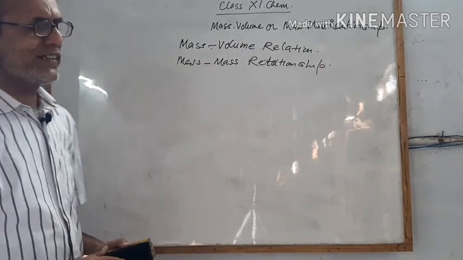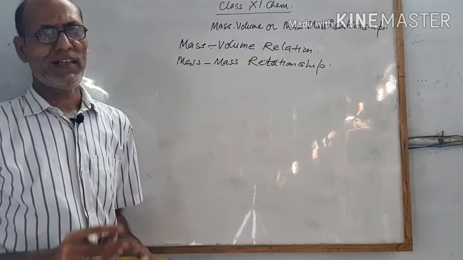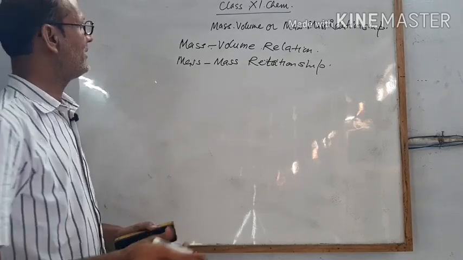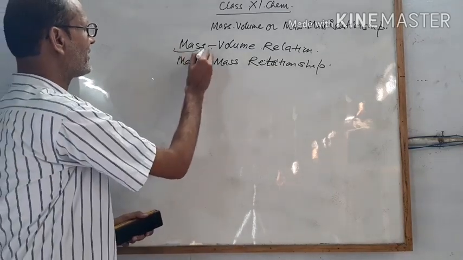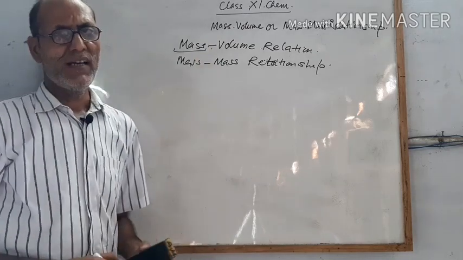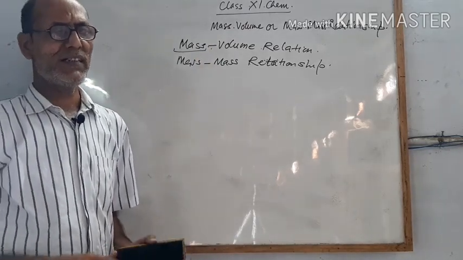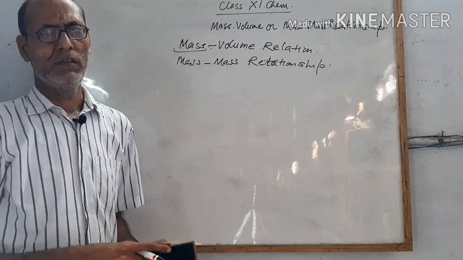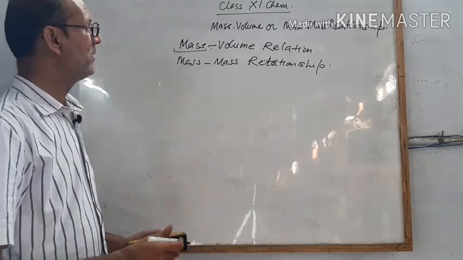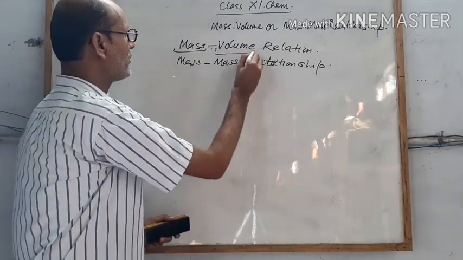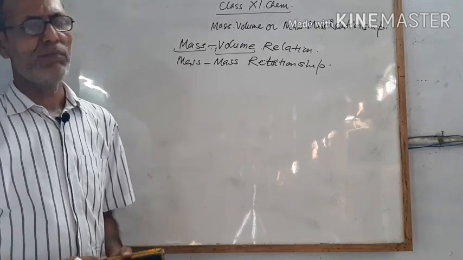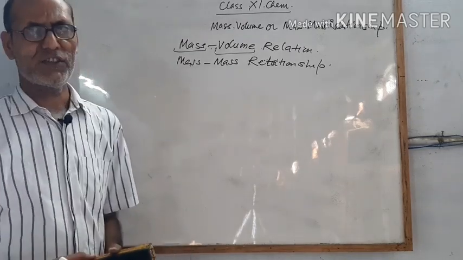Suppose in any case the reactant is given in mass, gram or kilogram, and you have to calculate any other reactant or product in the form of volume. So that will be called mass-volume relationship.